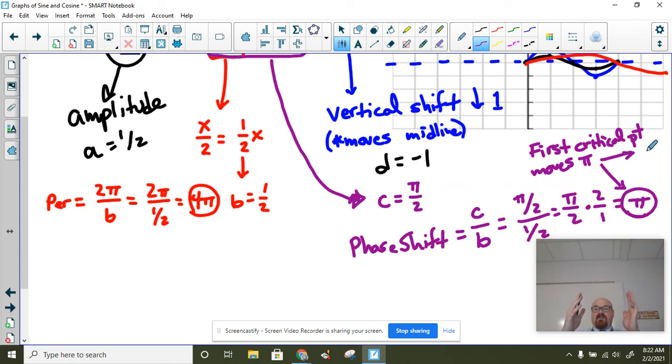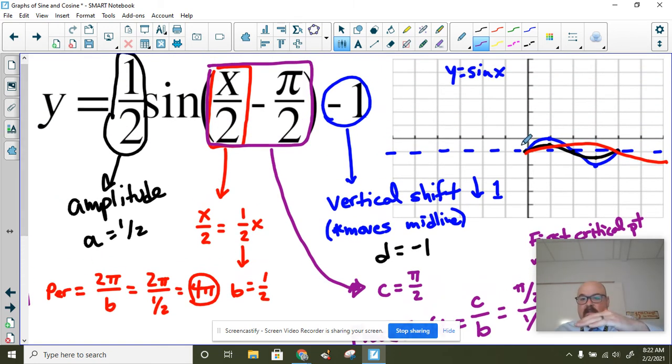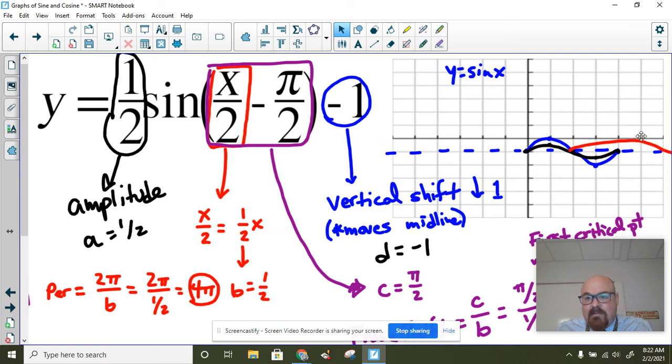Because we had a positive phase shift, we're taking that graph and moving it pi units to the right, okay? So come back to here. What did we do? We shifted the graph down, we compressed the graph vertically, we stretched the graph out, and then last but not least, we have to take this and move it pi units to the right. So all of those points are moving as well.